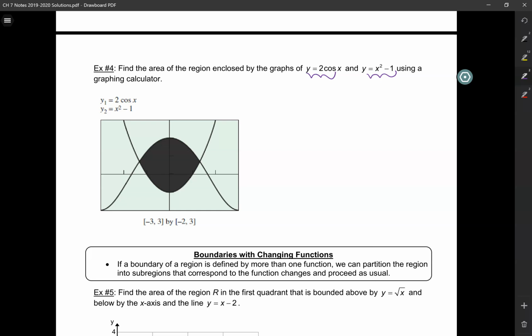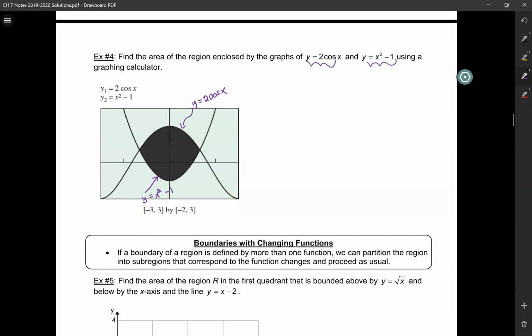That's y equals 2 cosine x. And then this one is y equals x squared minus 1. So I know which one is the higher and which one is the lower.